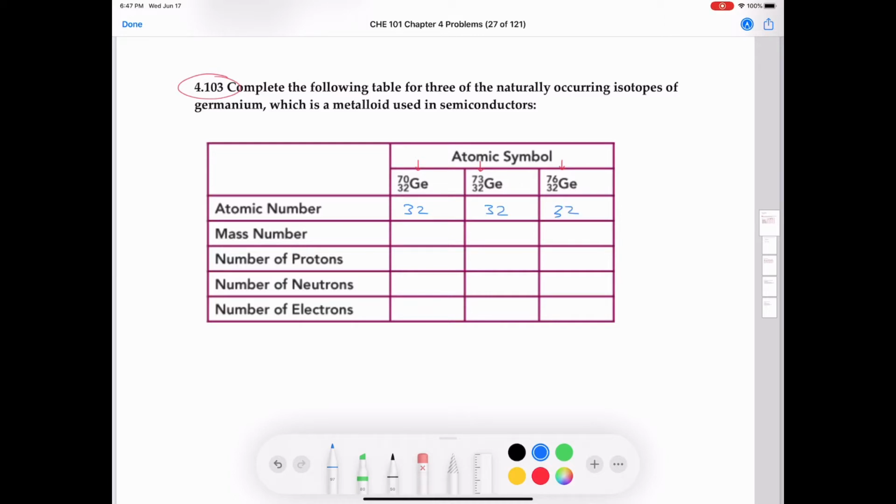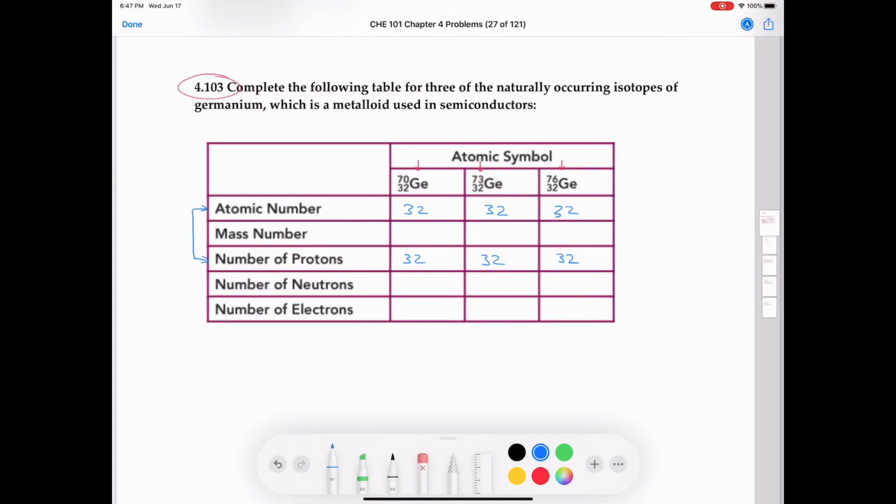And we can quickly skip ahead to the number of protons because the atomic number is going to be equal to the number of protons. Again, the number of protons is what gives an element its identity. The number of neutrons can give you a different isotope, but the number of protons governs the identity of the element.